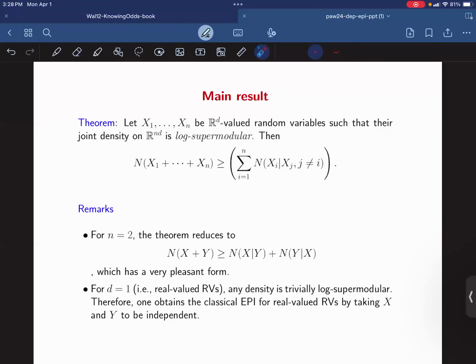It says that if you have a bunch of possibly dependent random variables, dependent but with joint density that is log supermodular, then the entropy power of the sum is greater than or equal to the sum of the conditional entropy powers, where you look at the conditional entropy power of each summand conditioned on the rest of the summands, right? And that's the main result. So let me pause here for questions. Is the statement of the main result clear?